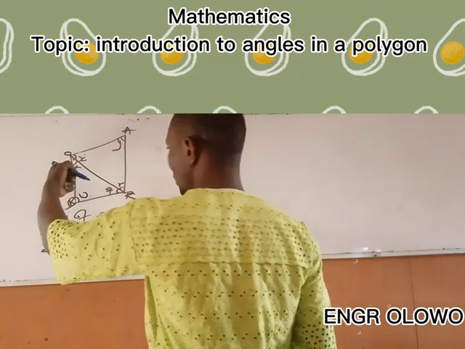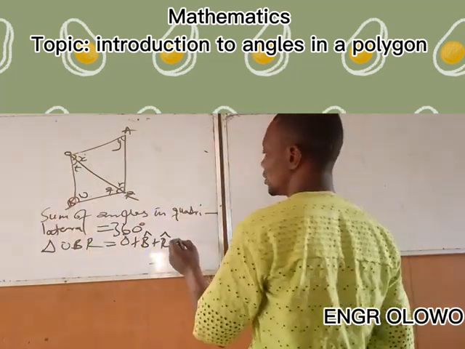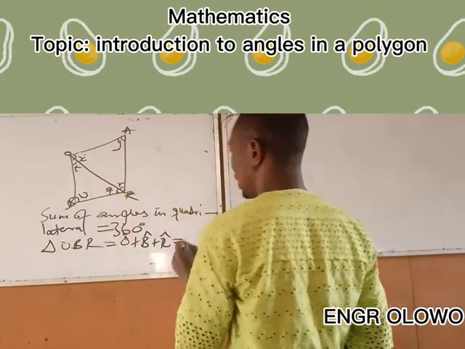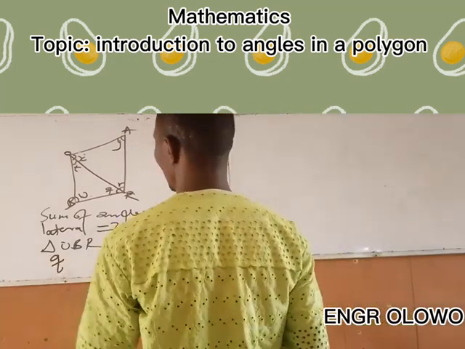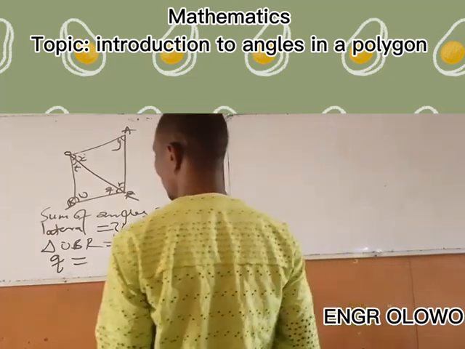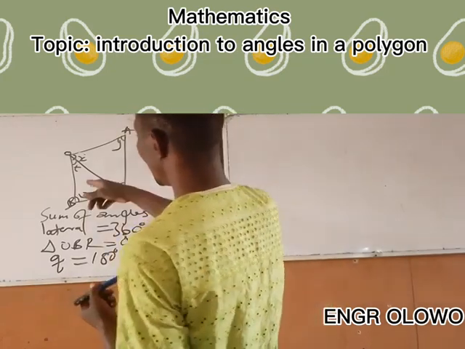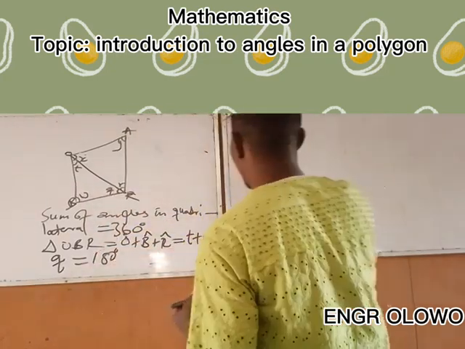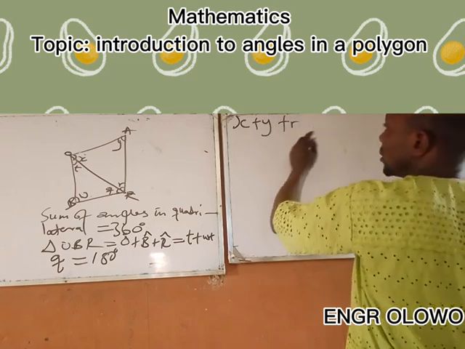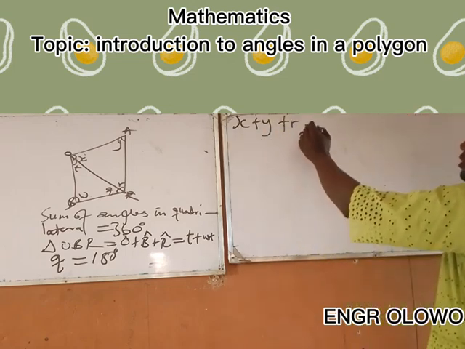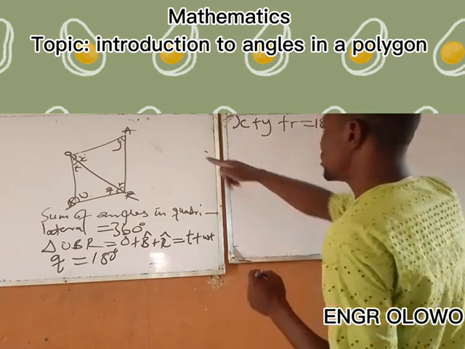Inside this triangle OBR, the angles we have are O plus B plus R. When you add the three given angles together, it gives you 180, which is the same thing as saying T plus W plus Q gives you 180 degrees. Remember, the sum of angles in a triangle is equal to 180 degrees.